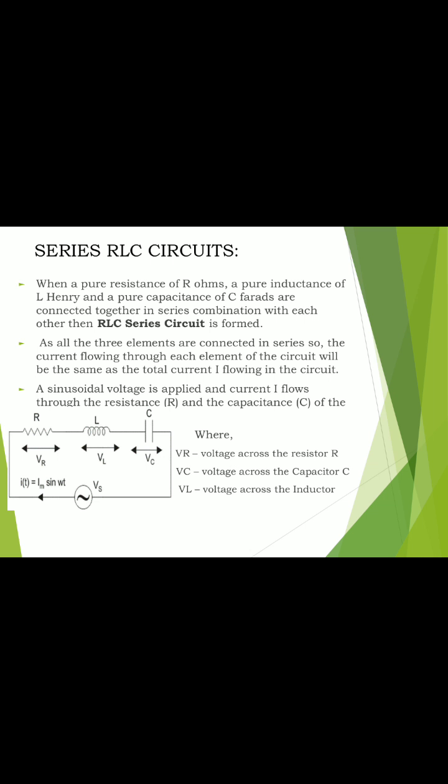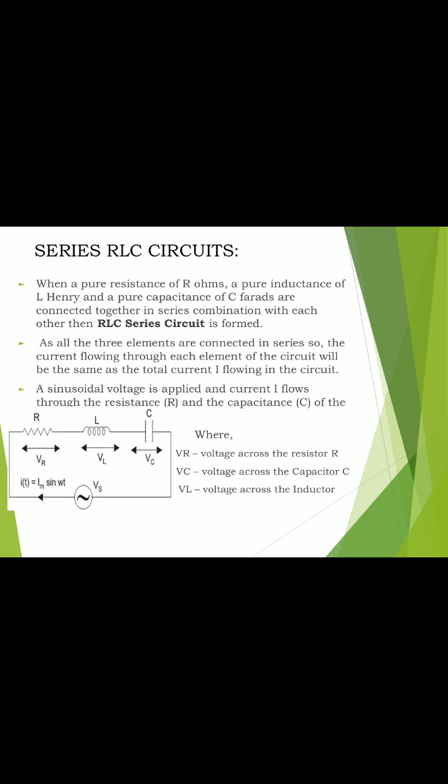As all the three elements are connected in series, so the current flowing through each element of the circuit will be the same as the total current I flowing in the circuit. A sinusoidal voltage is applied and the current flows through the resistance R, inductance L and the capacitance C of the circuit.